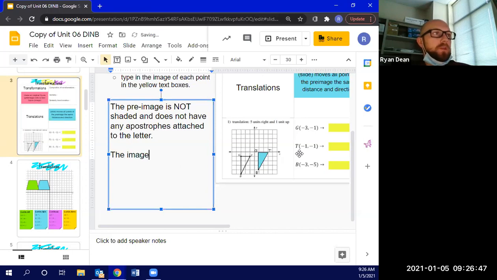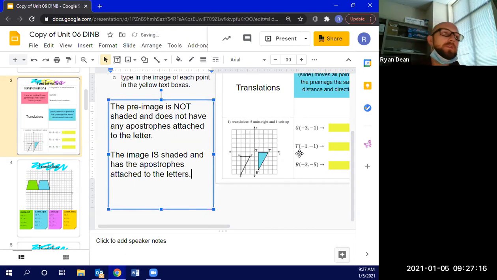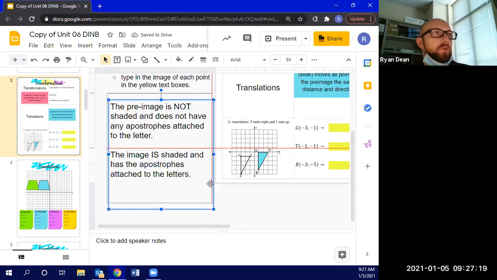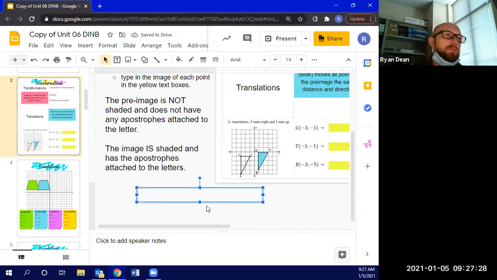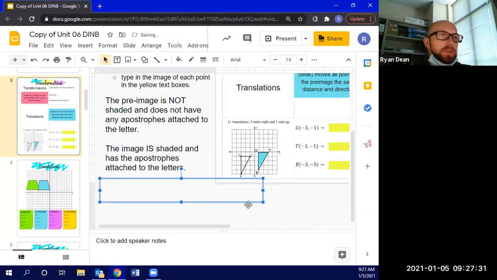Okay, the image, though, on the other hand, is shaded and has the apostrophes attached to the letter. Okay, so this is just our notation that we have to use every single time we do a transformation. And this doesn't just apply for translations. This also applies for the other ones as well. Okay, so those are the two notations that we will be using for every single transformation. Okay, that's the first thing that you need to put into your notebook.